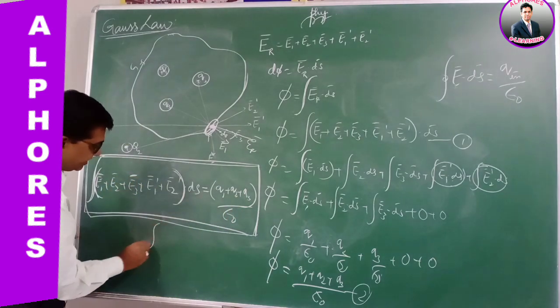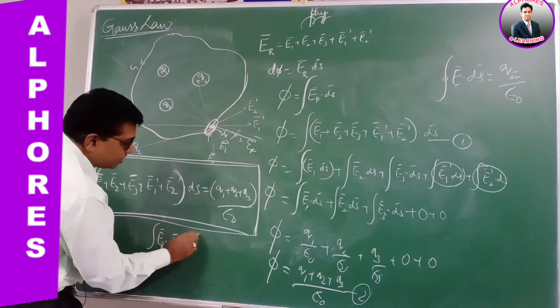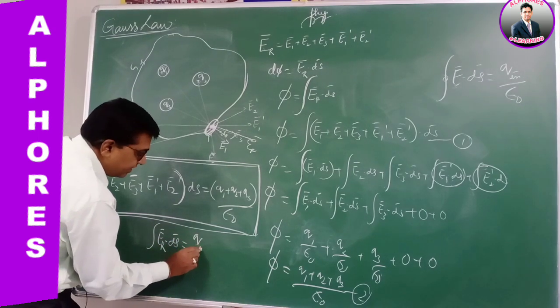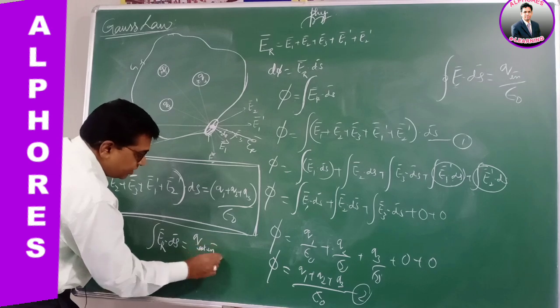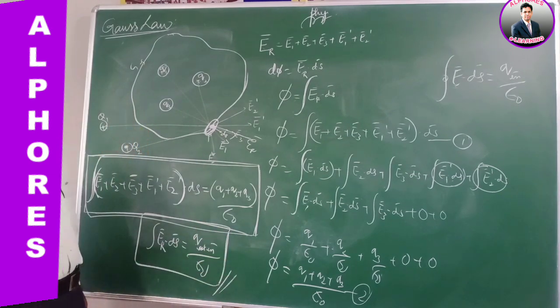So the integral of E resultant dot ds is Q inside, the net charge inside, by epsilon naught. This is the final statement of Gauss law. Right? Thank you.